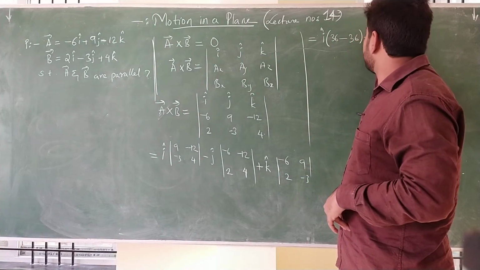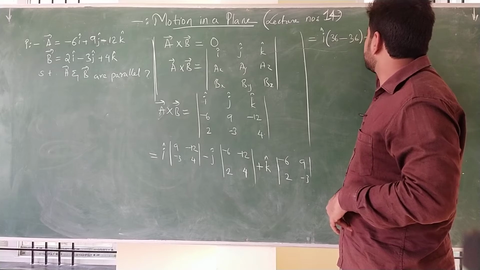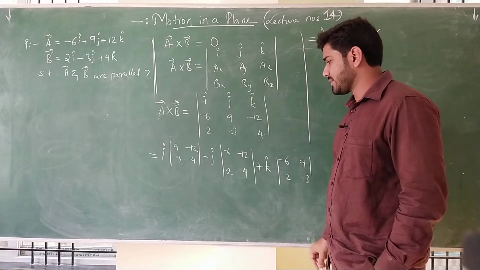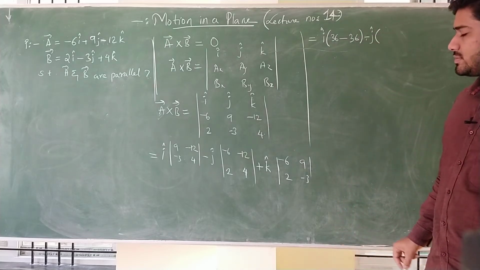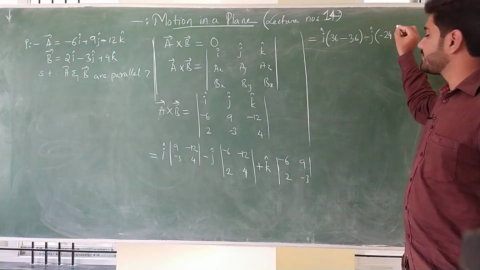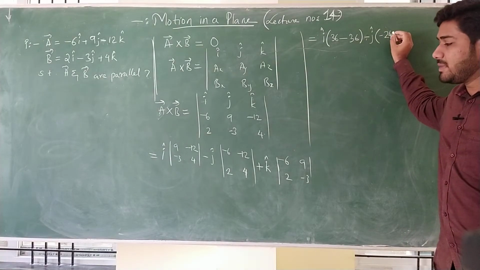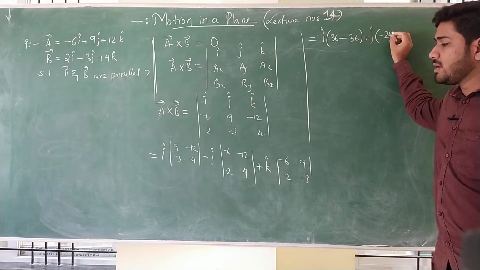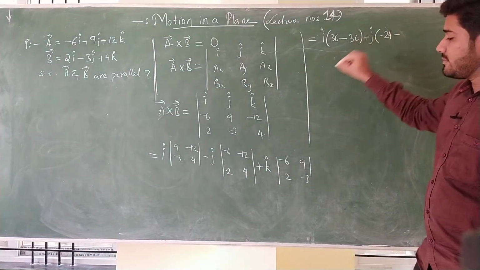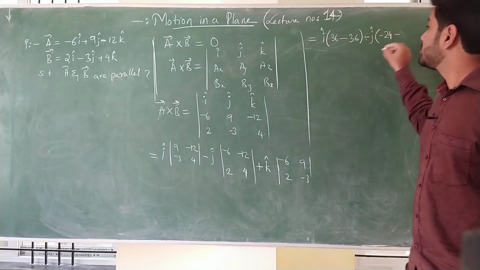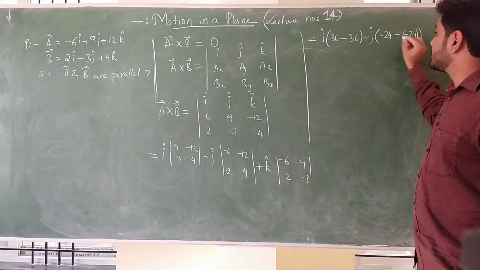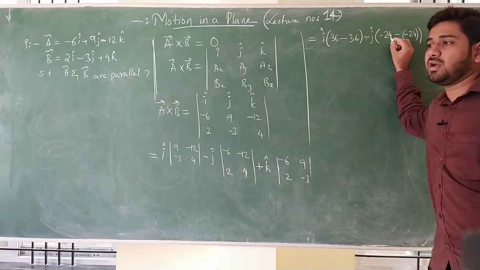Then minus j cap into minus 6 into 4, which is 24, so minus 24. Minus 12 into 2 is 24, so it is minus 24. Be careful with the signs here.